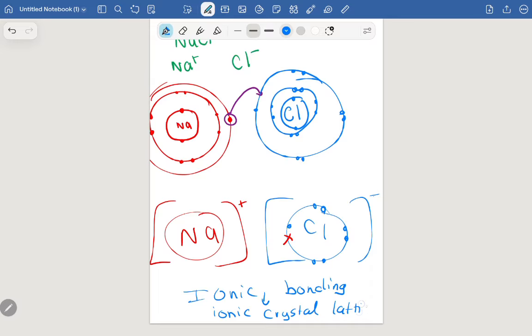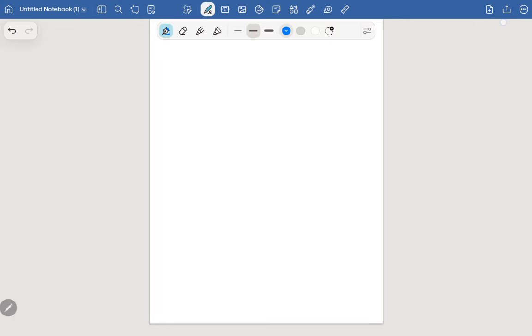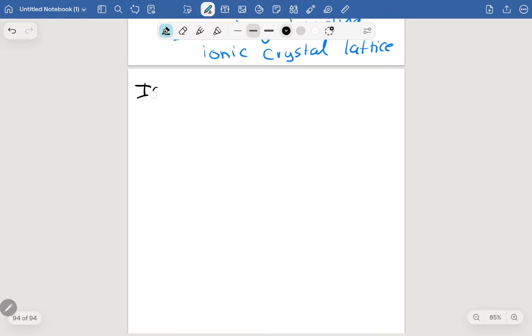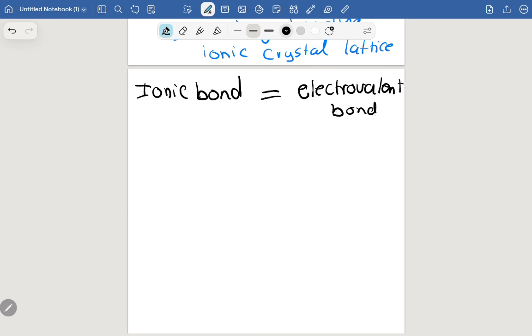Now, another term that we can use instead of ionic is electrovalent. So we can say that an ionic bond is the same as an electrovalent bond. All right, now we discussed just a few seconds ago that a bunch of ions together is called an ionic crystal lattice.